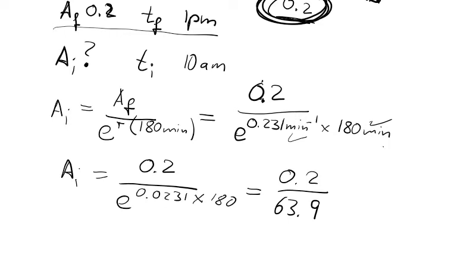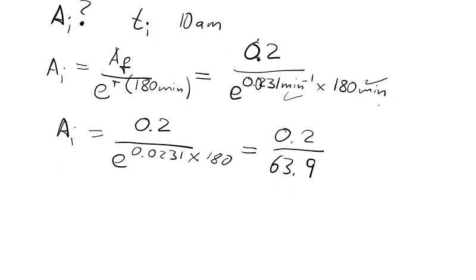Oh, I missed out a 0 here. Thank you very much. Okay, so we have 0.2 divided by, well, roughly 64, isn't it? And that gives us an absorbance of 0.0031.